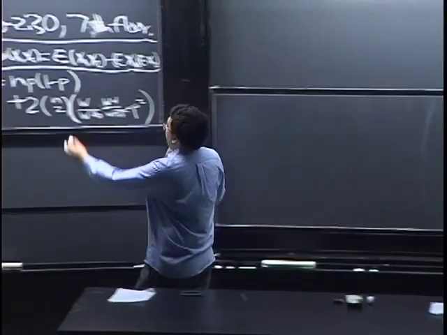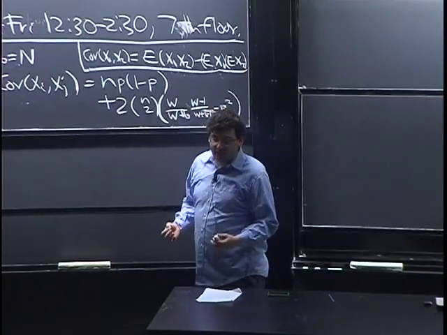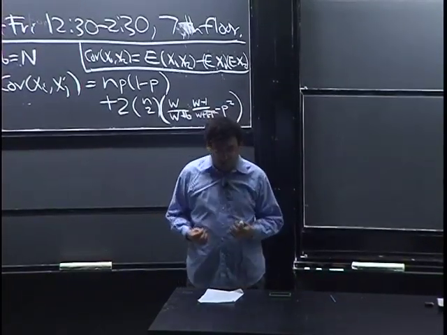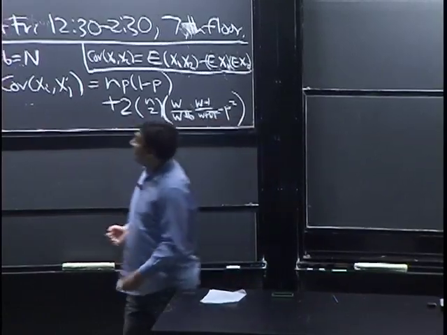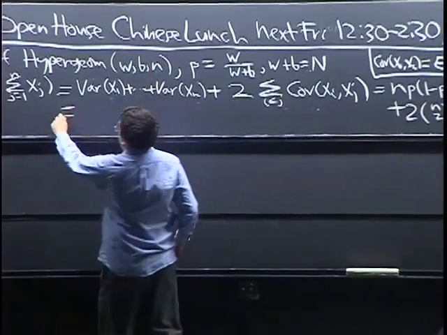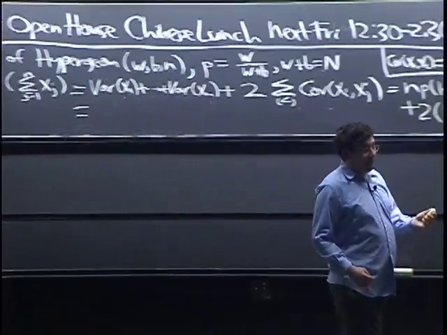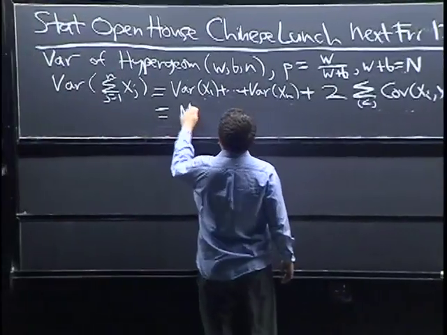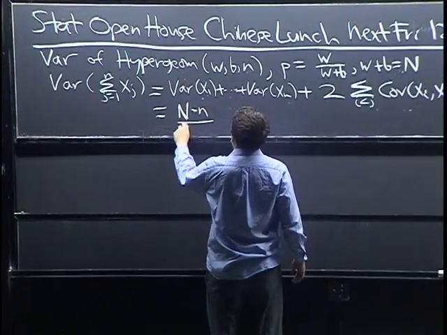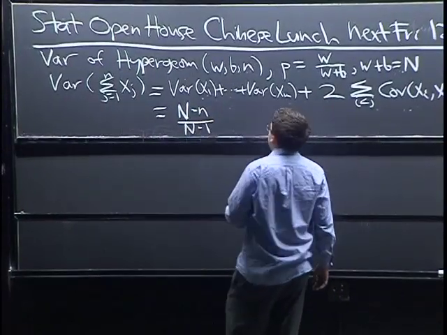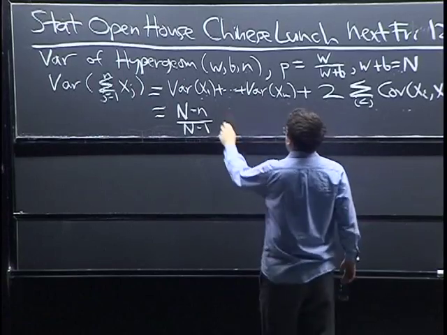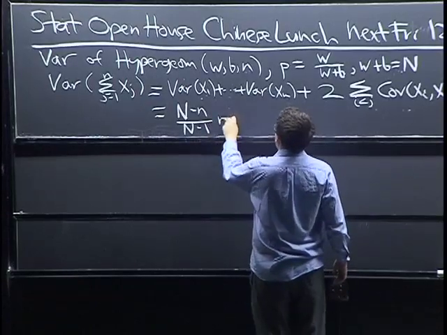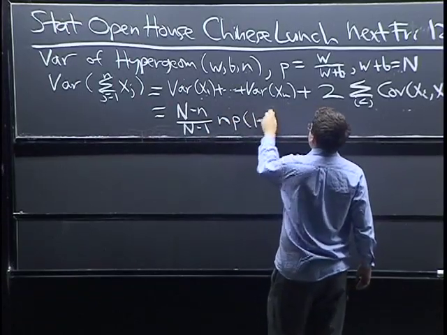If you multiply everything out and simplify and do the algebra, it actually comes out to something surprisingly nice. So this is just algebra at this point. If you simplify it, what you get is the factor (N minus n) over (N minus 1) times something that looks familiar, np(1 minus p).